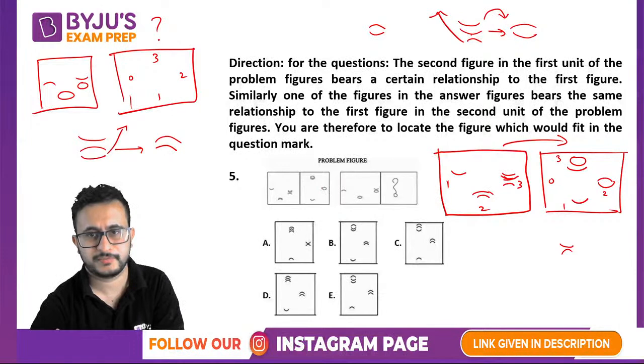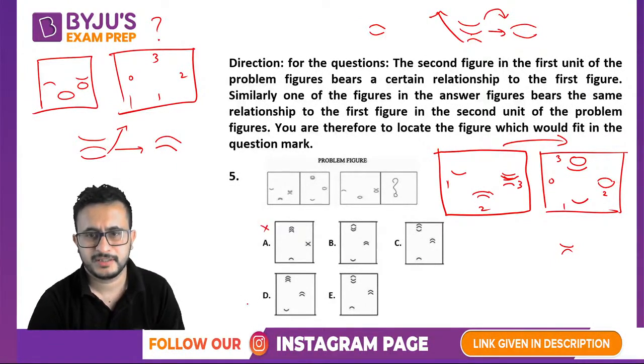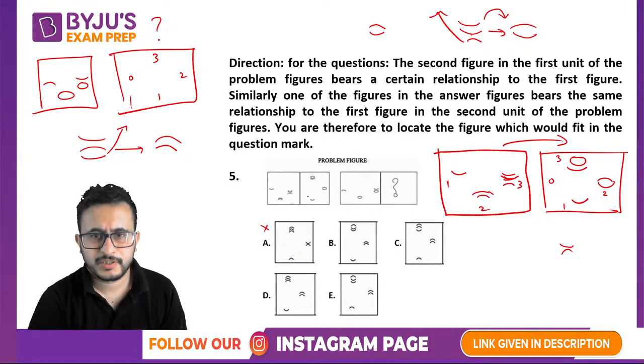Okay, and so that is why this side we will have this, you can eliminate option A because that is different, and this part should be reversed down.